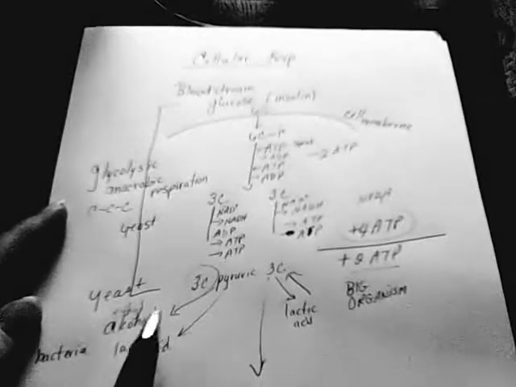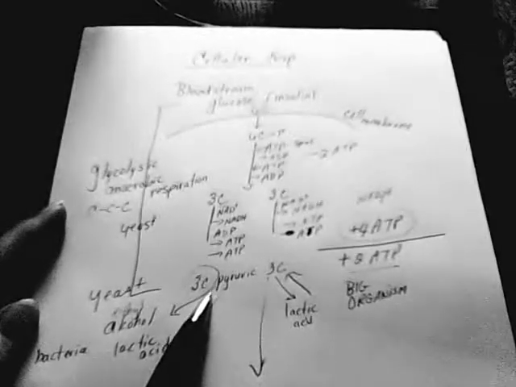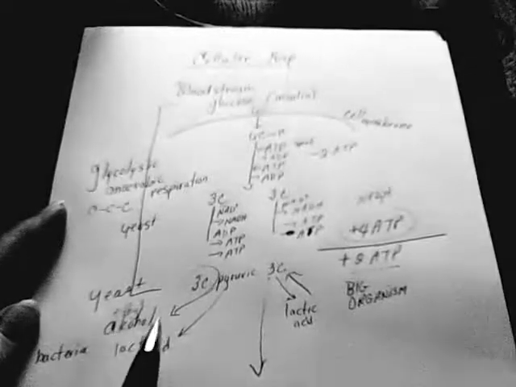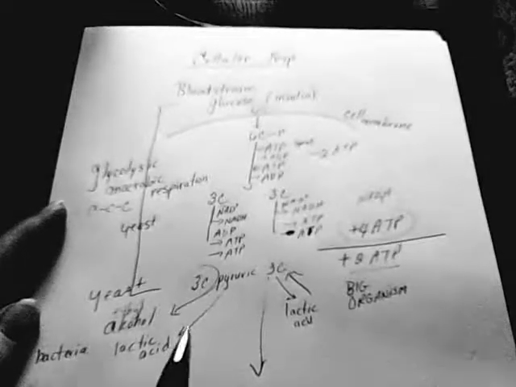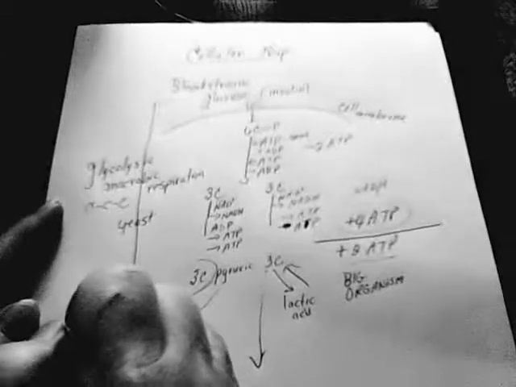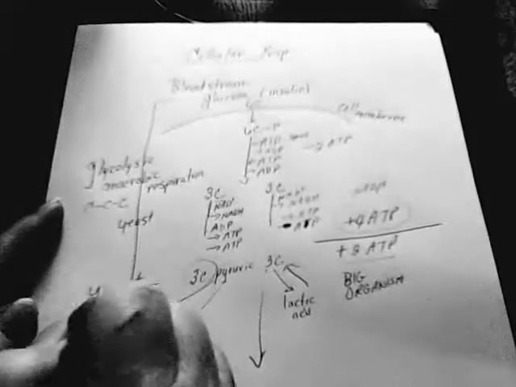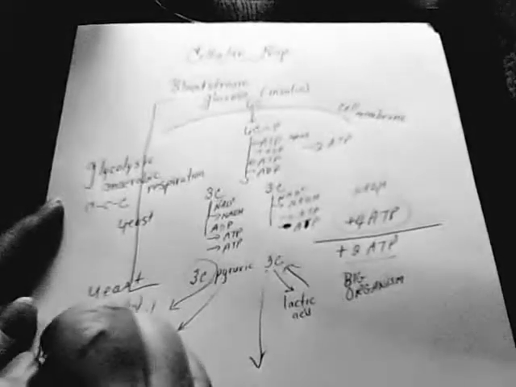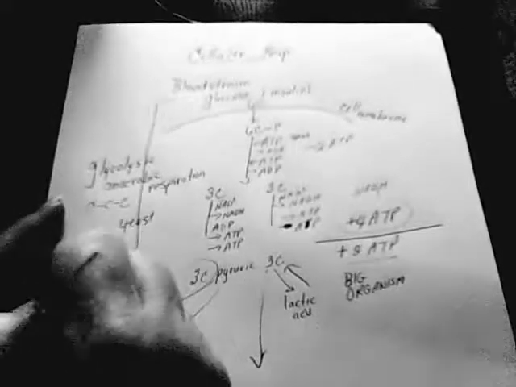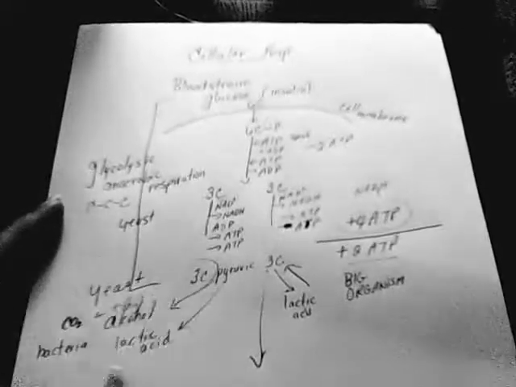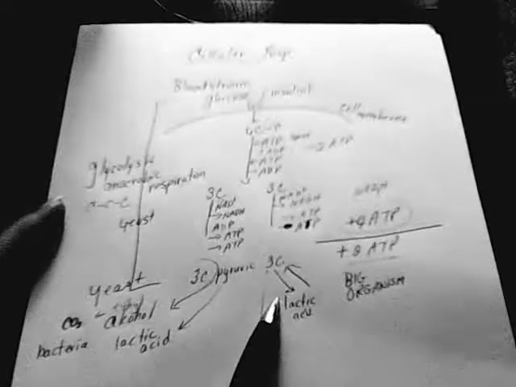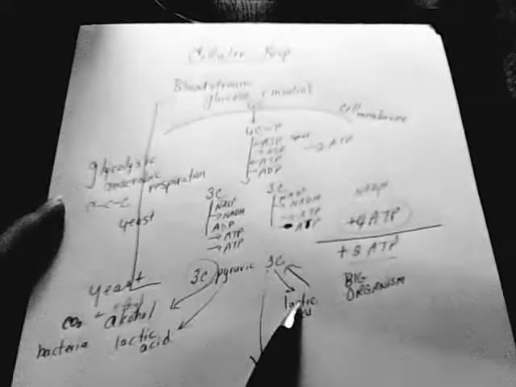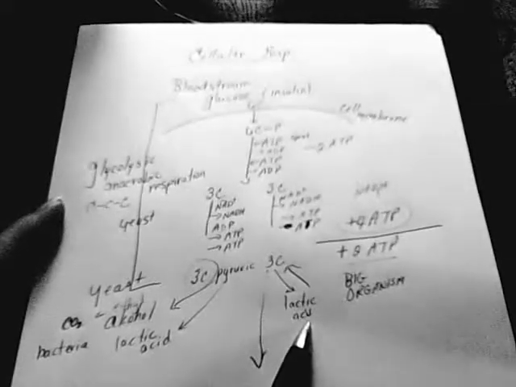Yeast and bacteria are then going to turn around and take this 3-carbon molecule and turn it into either ethyl alcohol or lactic acid. And by the way, one of the byproducts of this process is going to be CO2, which puts bubbles in beer and bubbles in bread. But the deal is, in the big organisms, the lactic acid once made causes us problems.